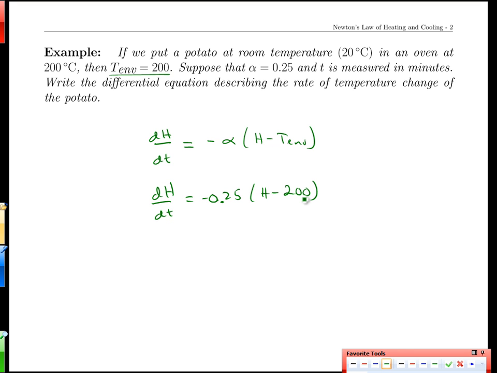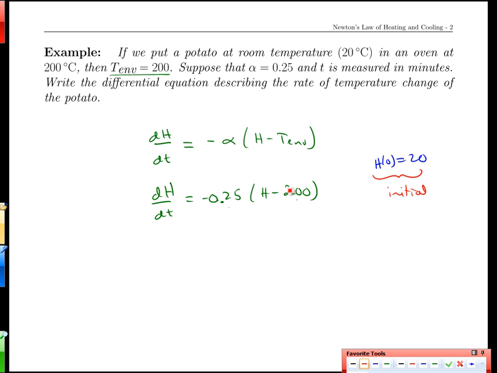All right. It's important to note that I only filled in the 200 and the 0.25. The H equals 20 is the initial temperature only. It's not true in general. In fact, if I asked you, hey, I take this potato out of the fridge or off the counter and put it in this oven at 200 degrees, is it going to stay at 20 degrees?